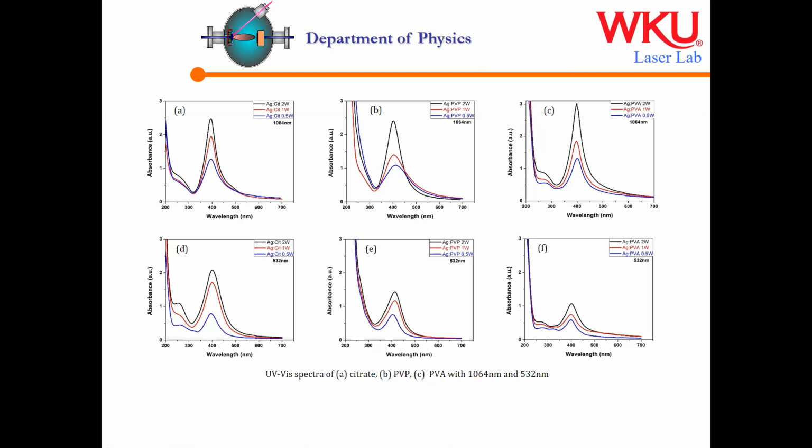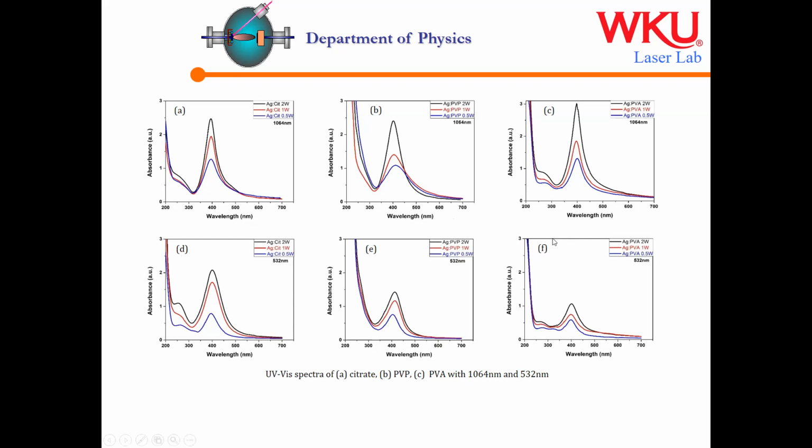So the small spherical nanocrystals should be expected to exhibit a single surface plasmon band, whereas the anisotropic particles should exhibit 2 or 3 bands. It really depends on the size, shape, and the concentration. As you can see at the 2 watt, we have this broader absorption.